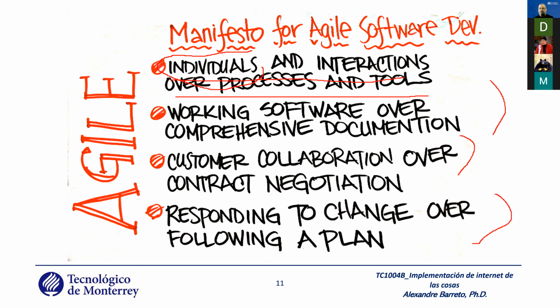Responding to change over following a plan. Because in Agile, you work in a small amount of time. You use cycles, and the cycle is very short. It's not a big cycle.